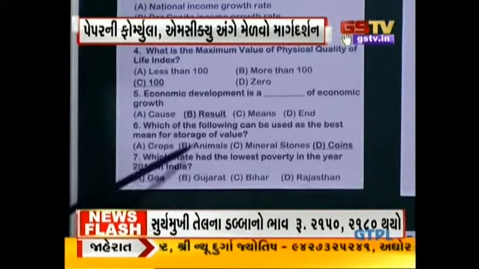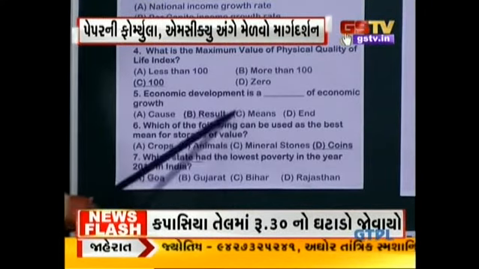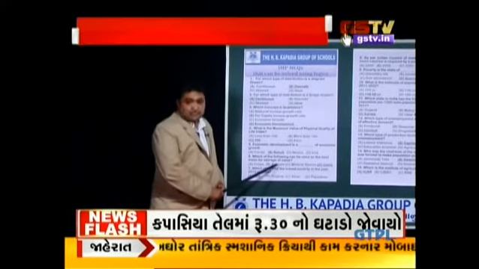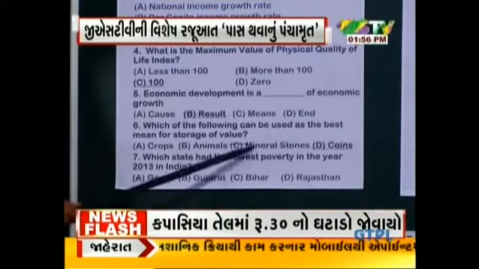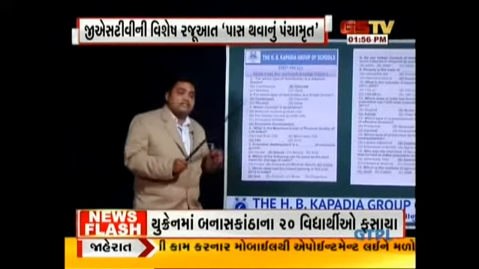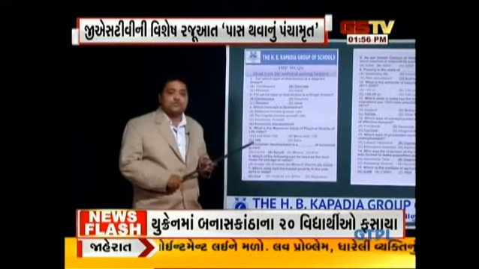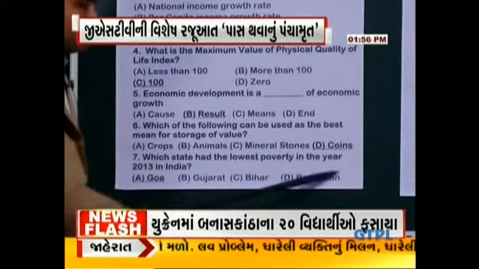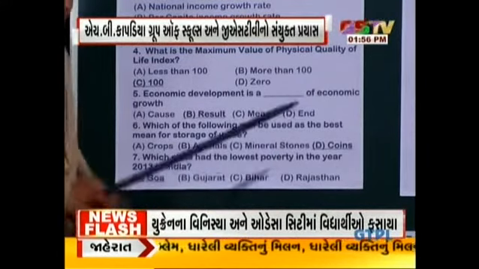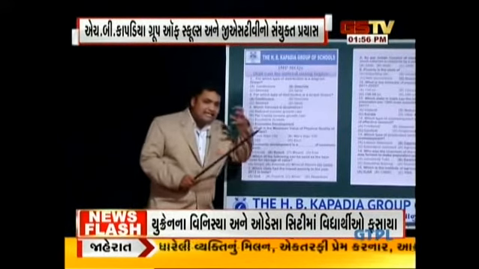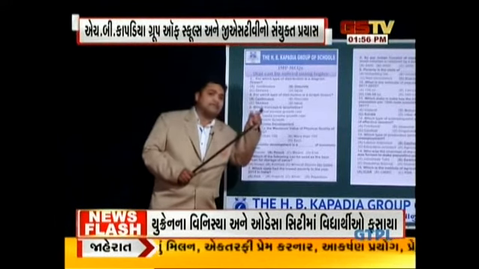This may not be the answer because they are talking about storage of value. Animals cannot be stored because they die, they get sick. Minerals and stones are of different shapes, some small, some big, so that cannot be stored. So coins are the most likely answer to this question. You got the point? From the options, we can get an idea of what the answer might be.